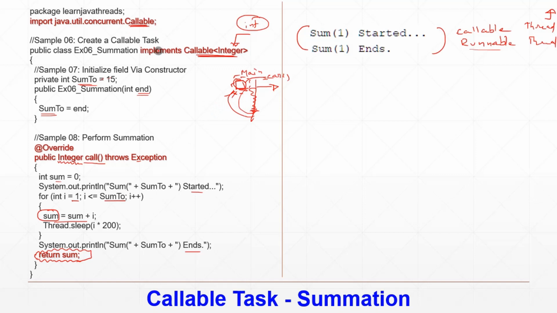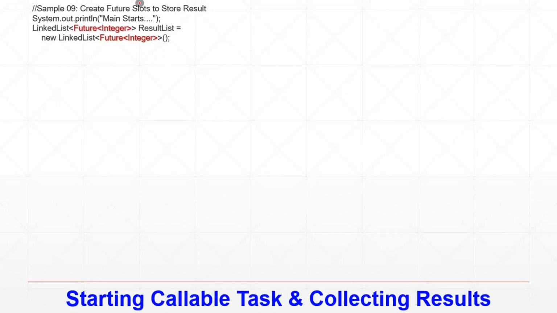All right, now we have the callable thread. Let's see what main thread is doing. Here in the main thread, if you see, first we create the future object. So future of integer is sufficient, but here we are going to run multiple callable threads, more than one thread.